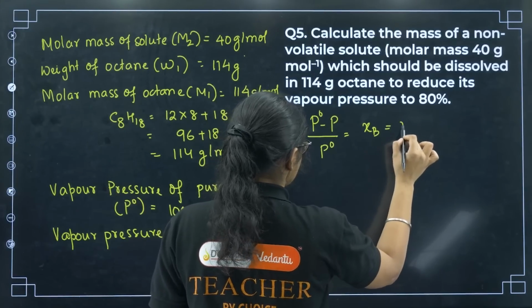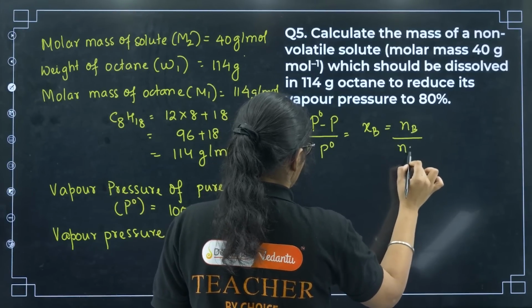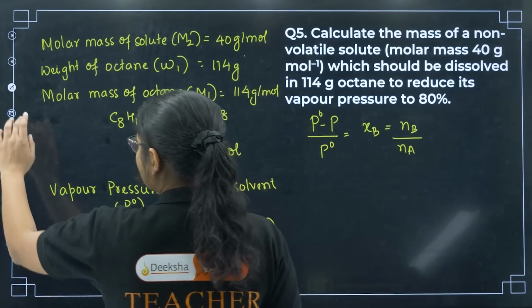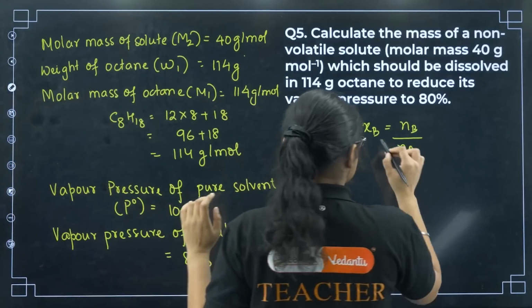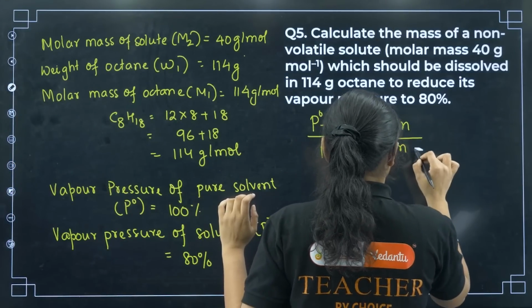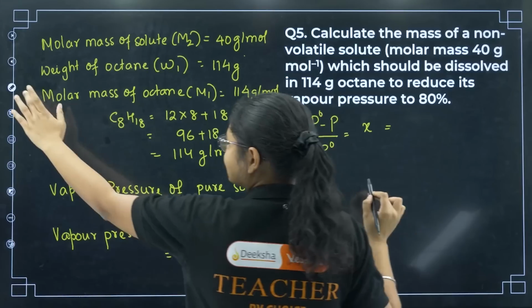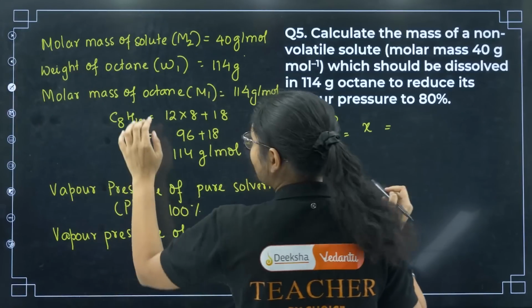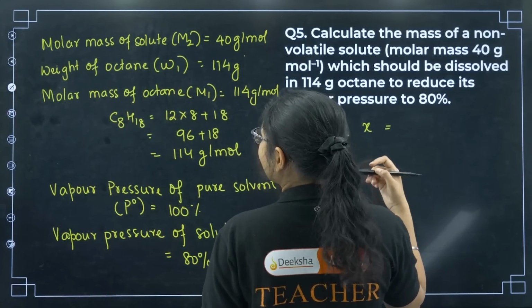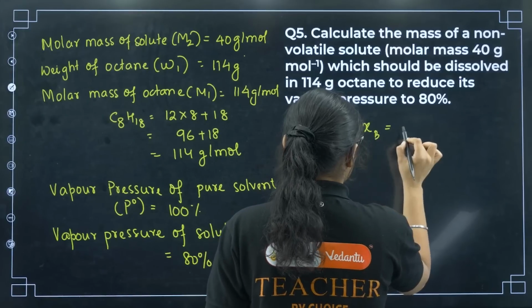Okay, and XB is what? NB by NA. Okay, or you can just write down the terms here instead of this one. What is your solute here? We don't know, right, what is the solute. So yeah, XB is fine here.